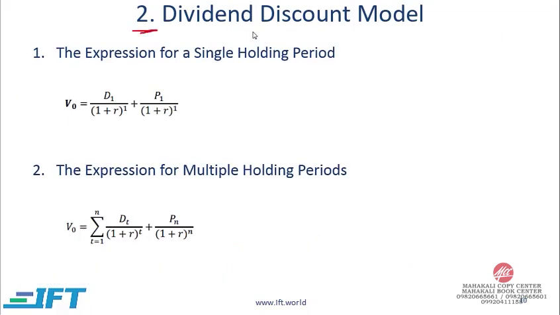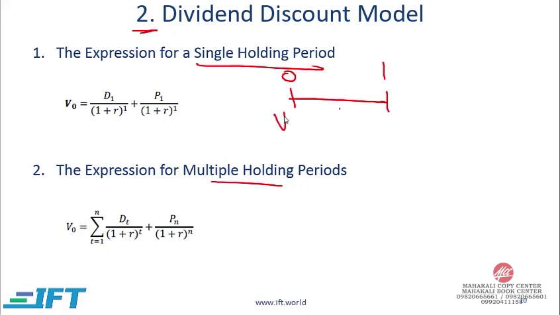We will now talk about dividend discount models in more detail. Broadly speaking, we can either have a single holding period or multiple holding periods. And the idea here is straightforward. This connects to one of the examples that we talked about earlier. In a single holding period, as the name implies, you intend to hold your stock or your investment for one period.